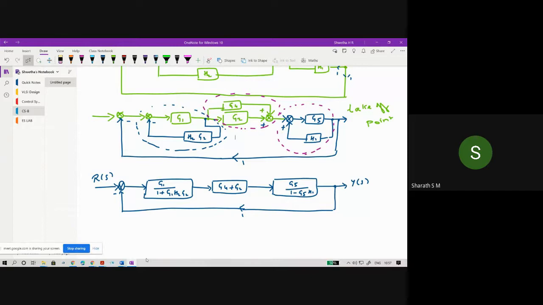I'm just going to choose these as temporary variables x, y, z, so that the final transfer function is G divided by 1 plus GH equal to 1.